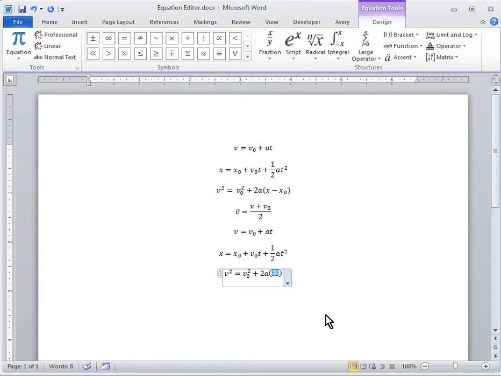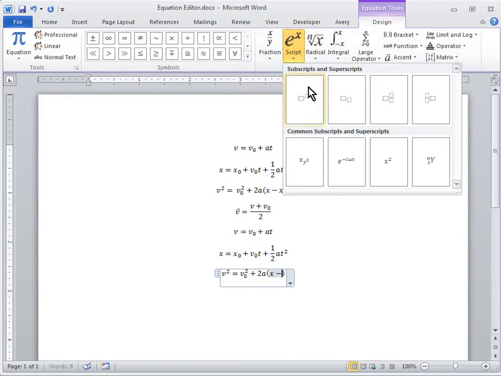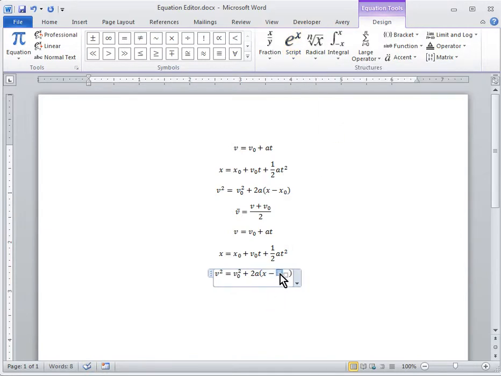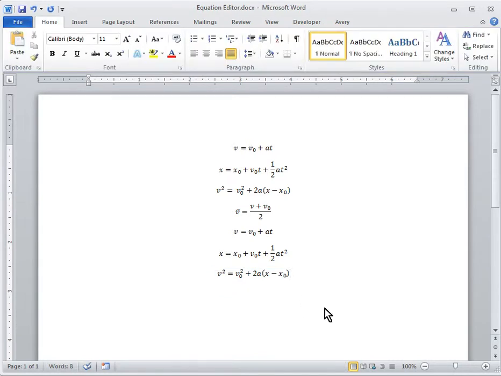So inside there we just need the x minus, and we need something with a subscript, x sub 0. Okay. So we've just created with the Microsoft Word equation editor all the equations of motion in one dimension, and you could do the same. And you could practice doing that to learn a little bit how this works.